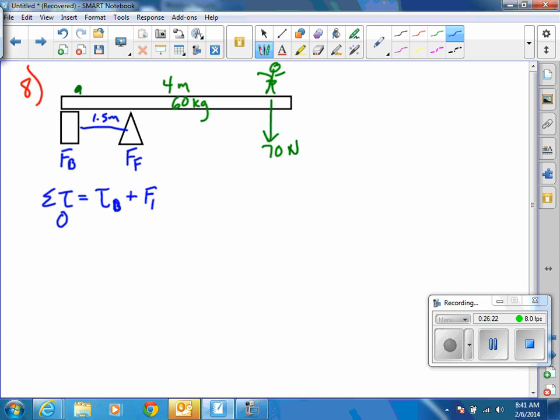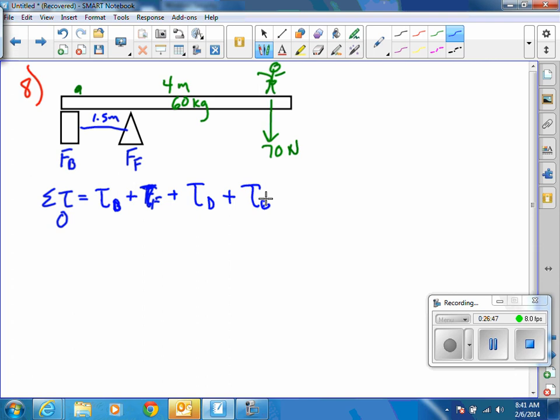This is going to be the torque on the fulcrum. It's not force, it's torque. That's actually a T, or a tau. Plus the torque due to the actual weight of the diving board. I'm going to put a D here for diving board. Plus the torque of the girl. So I'll put a little G over here for the torque of the girl.